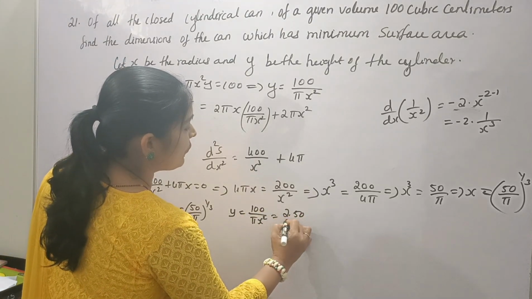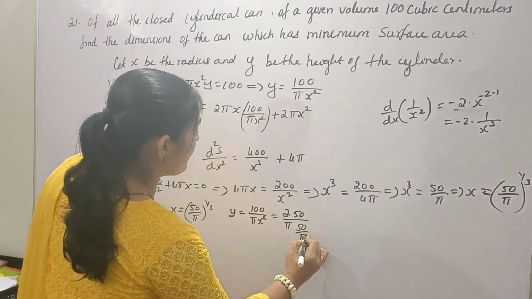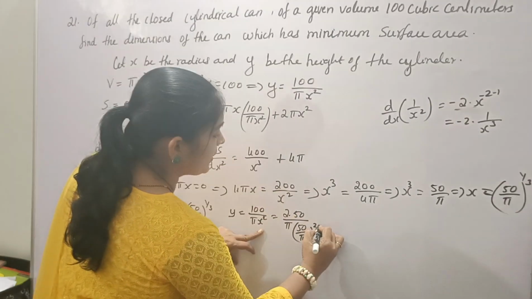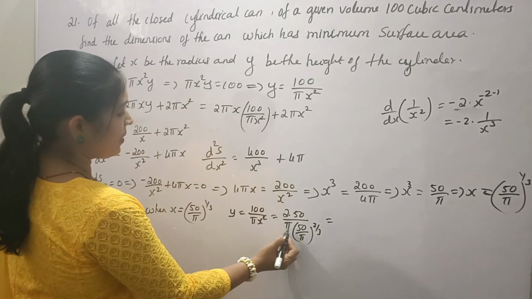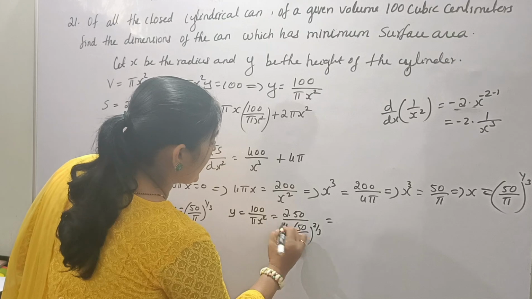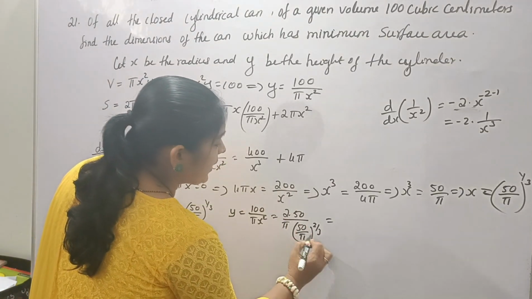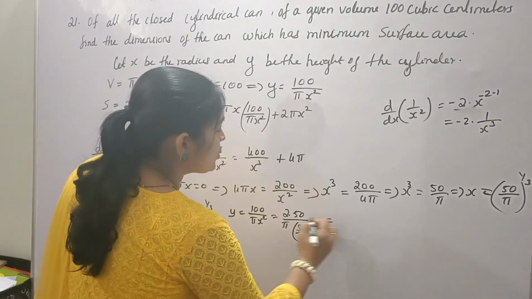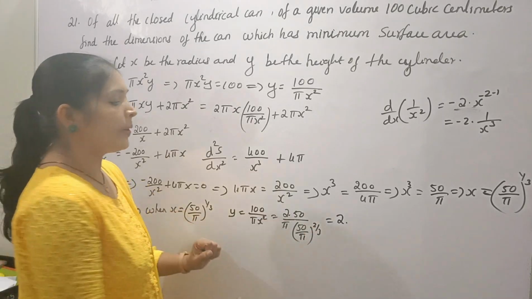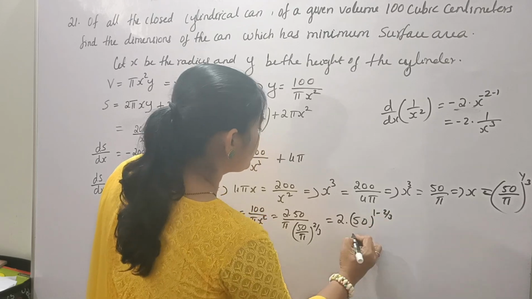That is equal to, 100 is nothing but 2 into 50, divided by pi into x square, where x is 50 by pi raised to 1 by 3, whole square, that will be 2 by 3, right? So it is pi raised to 1 by 3 and then 2 by 3, okay. So here 2 into 50, so 50 divided by 50 raised to 2 by 3, it will be 50 raised to 1 minus 2 by 3.